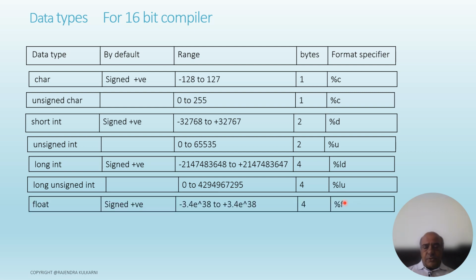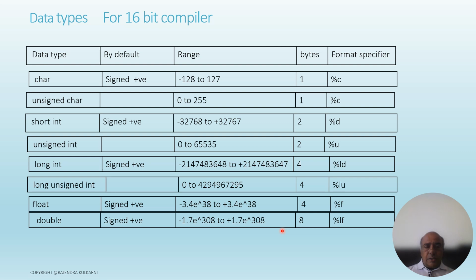Float we have used many times up till now. 4 bytes in memory. Format specifier is %f, and the values are like this. Then there is another data type called double.